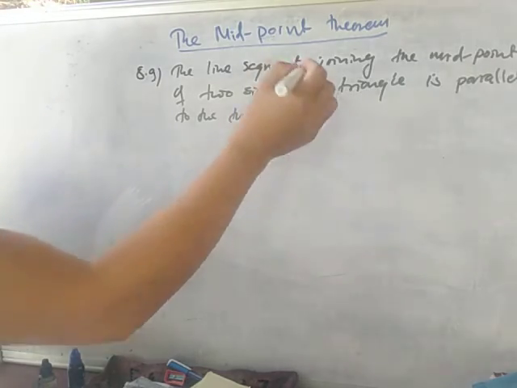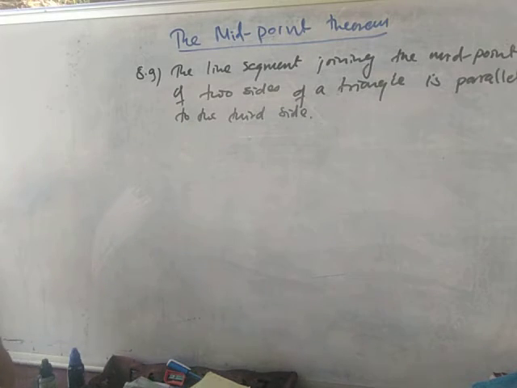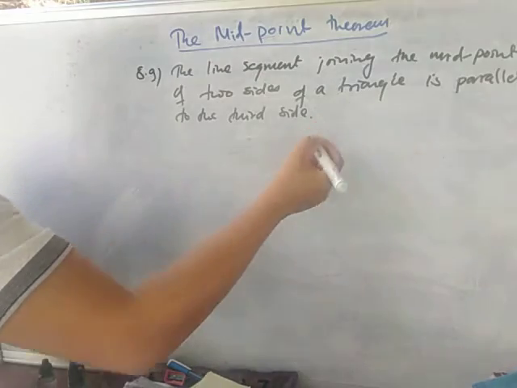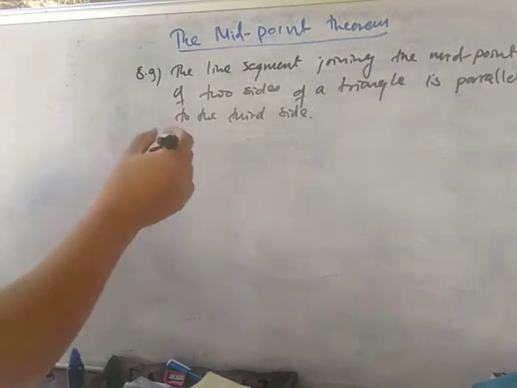So the line segment joining the midpoint of two sides of a triangle is parallel to the third side. That means, isn't it? So now let's first draw the triangle.